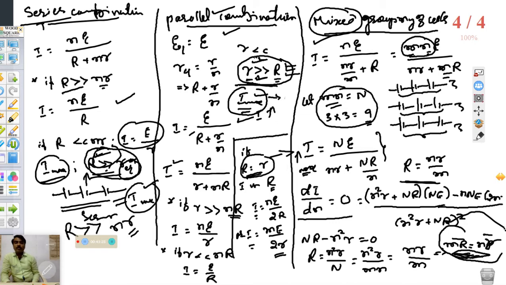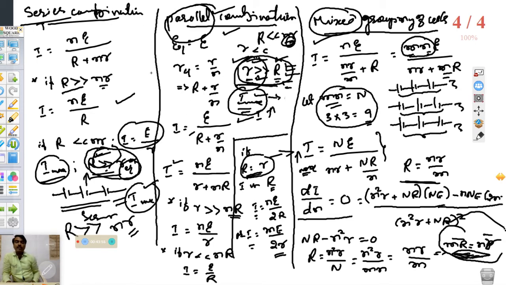And in the case of parallel combination, to get the maximum current, it is observed that if the internal resistance is more than the external resistance, for the same cells or even different values of cells, or we can say that if the external resistance is less than the equivalent internal resistance, then the cells are to be connected in parallel.